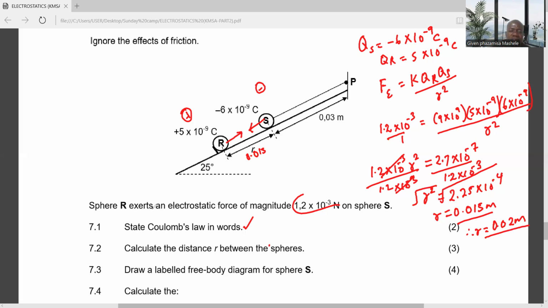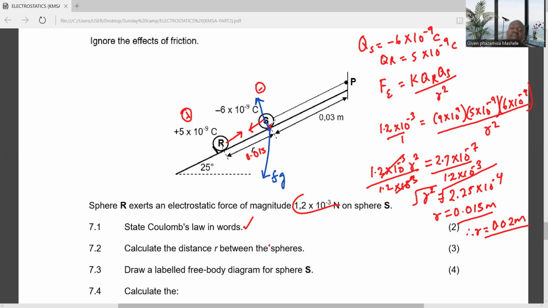Then the next question says, draw a labeled free body diagram for sphere S. Remember, the sphere S is in contact with the surface. So what does it mean now? It means the sphere S has force of gravity and the normal force. So we're going to have a normal force here, and there is a force of gravity.